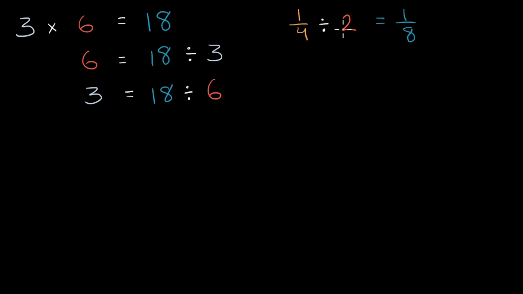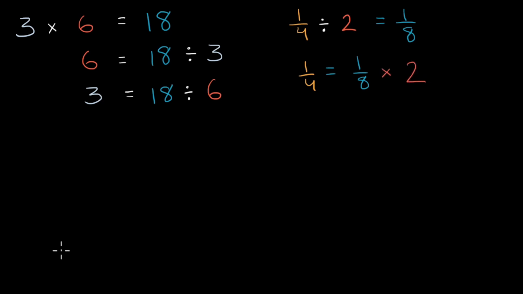Well, if 1/4 divided by 2 is equal to 1/8, that means that 1/8 times 2 is equal to 1/4. Let me write this down. Or I could write that 1/4 is going to be equal to 1/8 times 2.